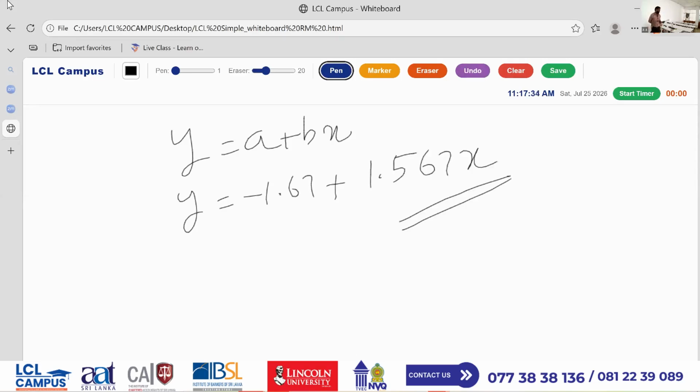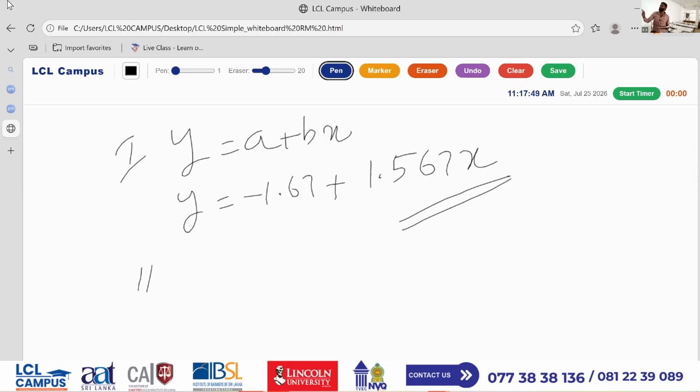This is the answer for the first one: the least square method regression line of y on x is y equals minus 1.67 plus 1.567 x.